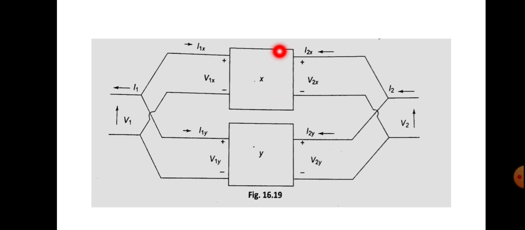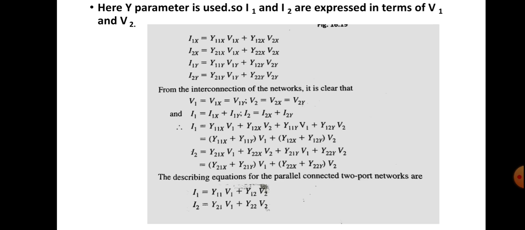For network X, I1 and I2 of X are represented in terms of V1 and V2 of X. Similarly, for the Y network, I1 and I2 of Y are expressed in terms of V1 and V2 of Y. So if we consider the networks X and Y individually, we can write the equations for I1 and I2. Here there are two networks, so we represent I1x and I2x, and similarly I1y and I2y.